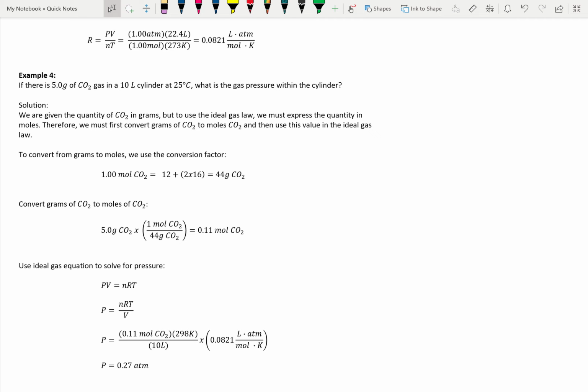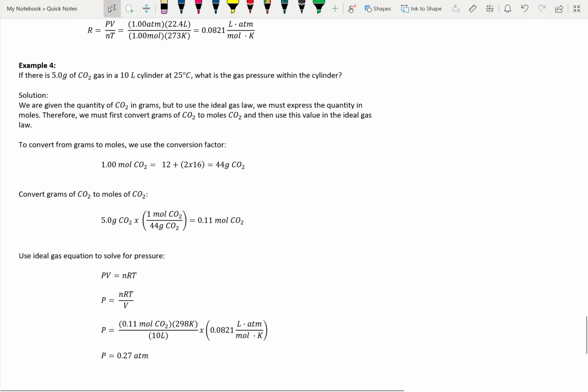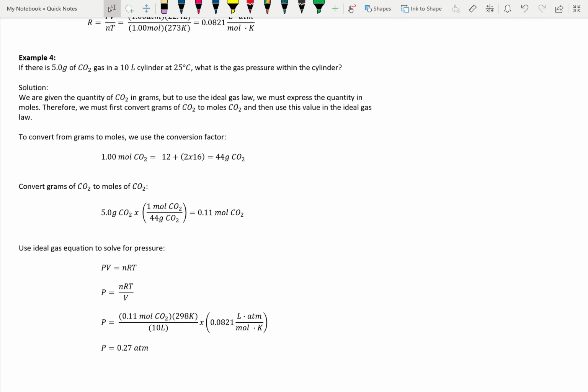So first we convert grams of carbon dioxide to moles. How do we do that? Carbon is 12, oxygen is 16. We have 2 oxygens, so we multiply 16 by 2, and we get that 44 grams of carbon dioxide is 1 mole of carbon dioxide.